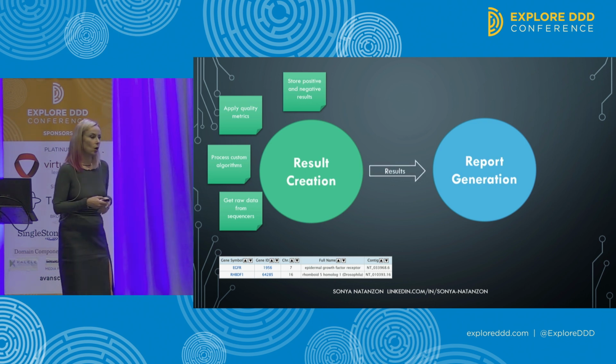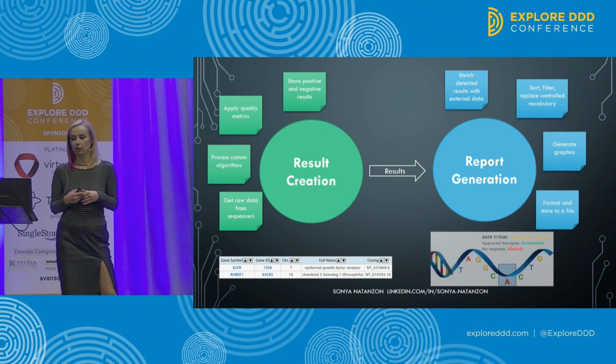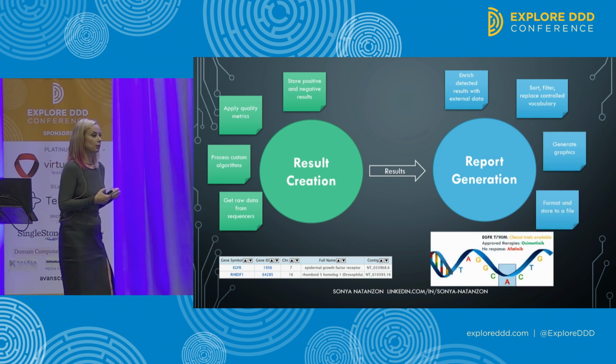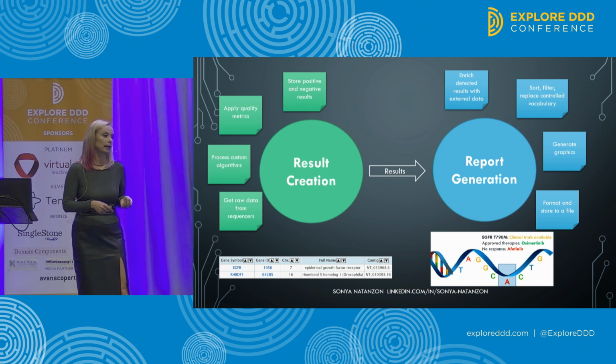Those results then go to the report generation domain, which has its own set of responsibilities. It will enrich this data from external sources. It will replace controlled vocabulary with something human readable. It will sort and filter down to those clinically actionable mutations, generate some nice graphics, and package it up into a report that goes to the physician.